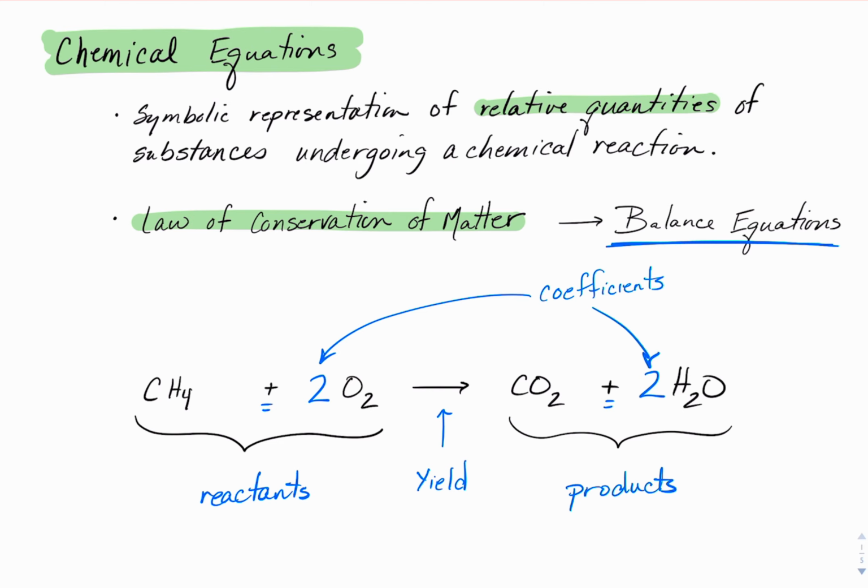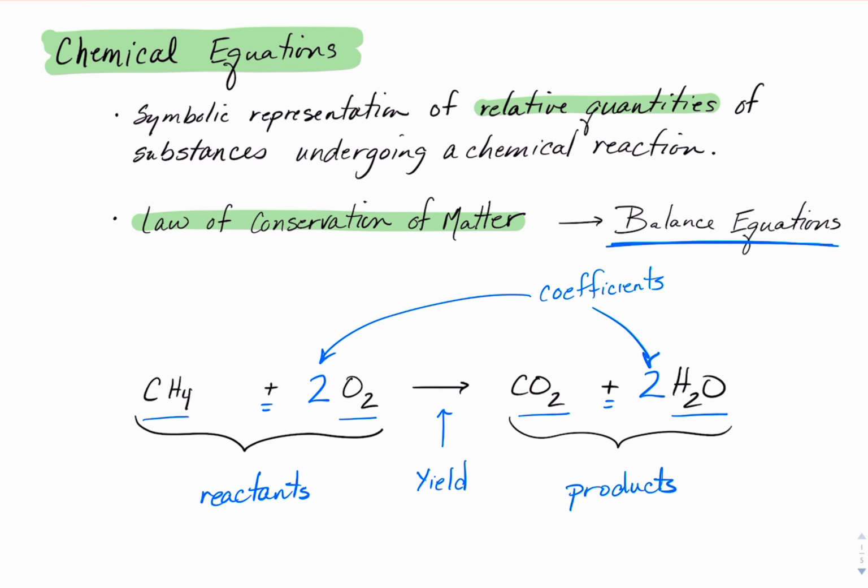And when we look at a chemical reaction, we read it like the following. CH4 reacts with two O2 molecules to produce one molecule of CO2 and two molecules of H2O.